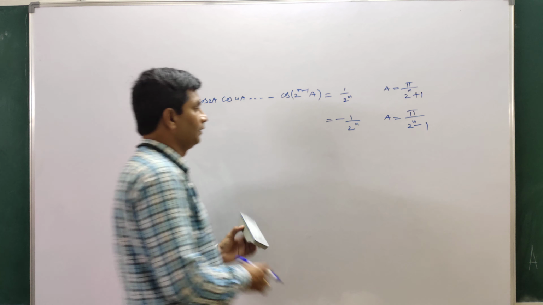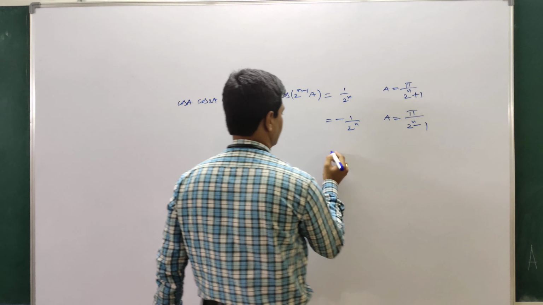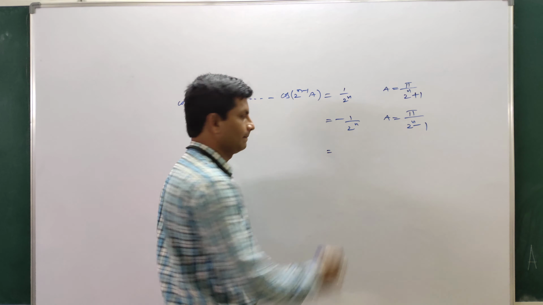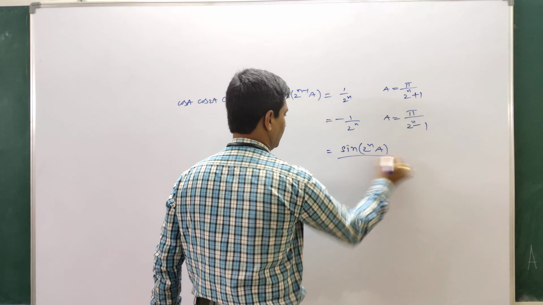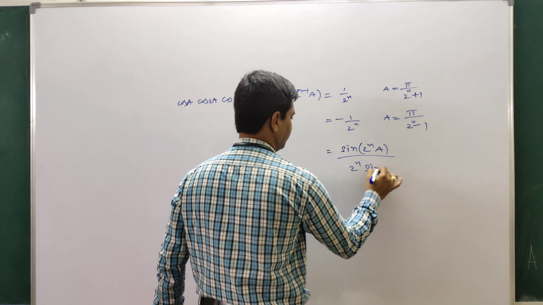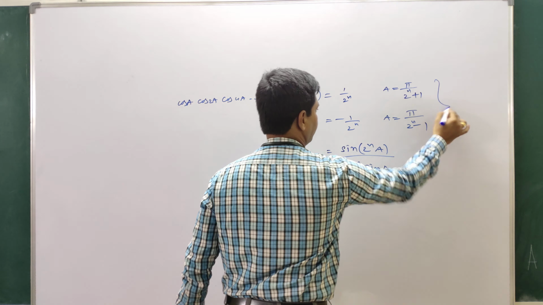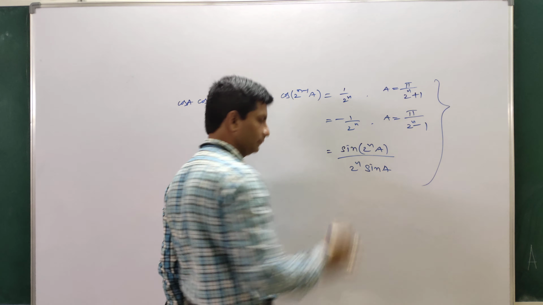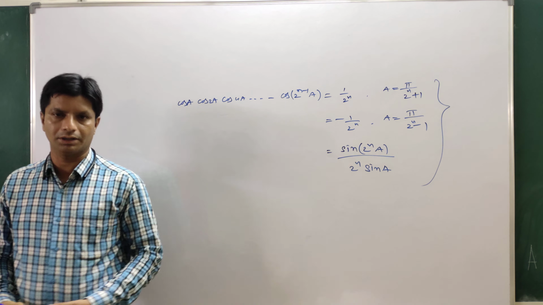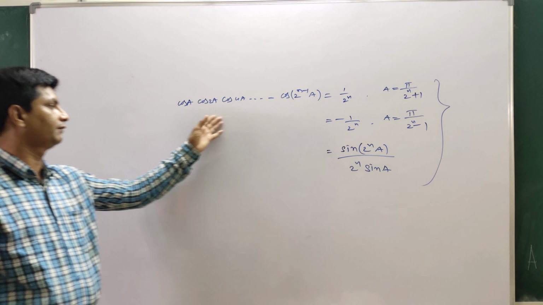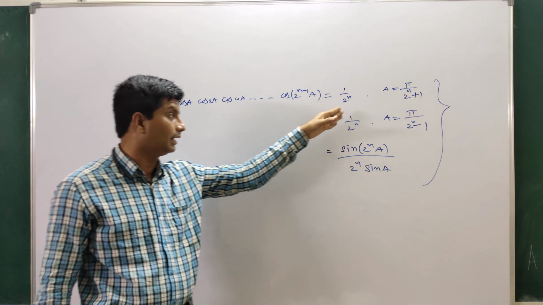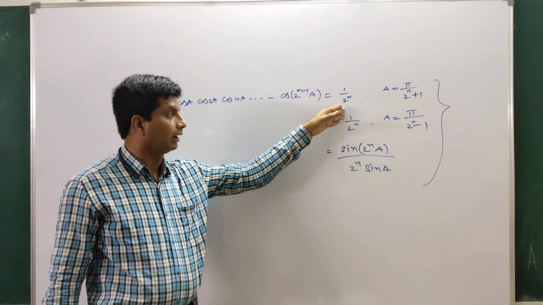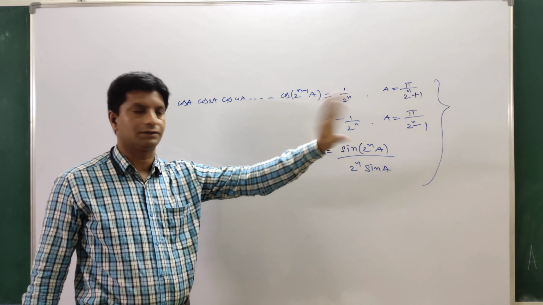If you cannot write the angle like this, then what is the formula? This is sin of 2 power n A by 2 power n into sin A. So these are the three formulas that I have here. The expression cos A into cos 2A into cos 4A into cos of 2 power n minus 1 into A equals 1 by 2 power n if A equals pi by 2 power n plus 1.